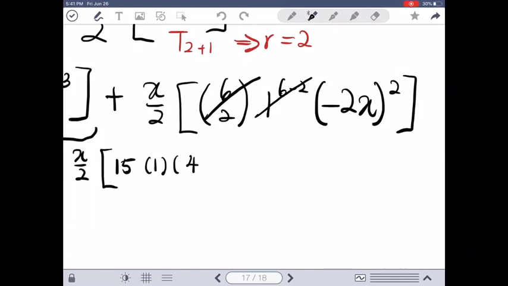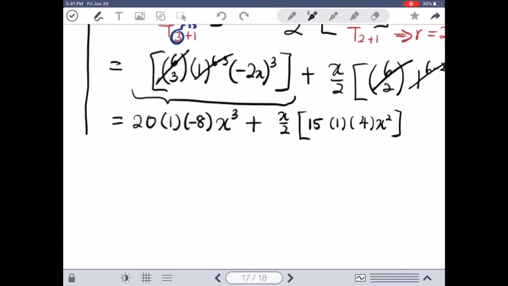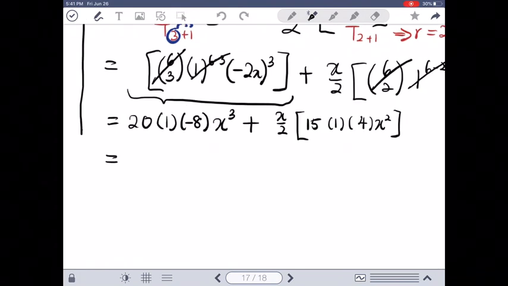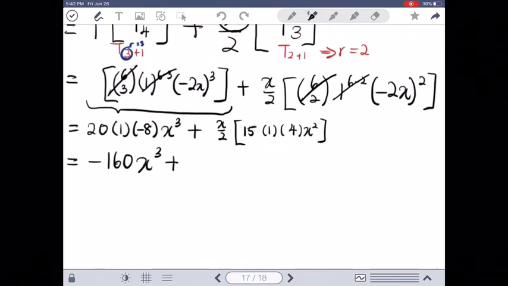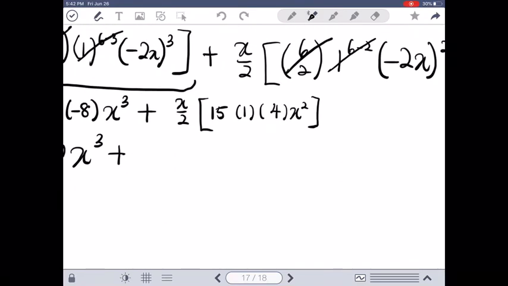And here we should get 4x squared. Okay. So simplify everything. Negative 160 x to the power of 3 plus with, so x times with x, we should get x to the power of 3.